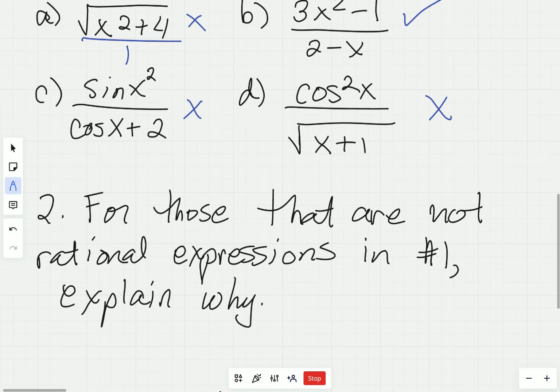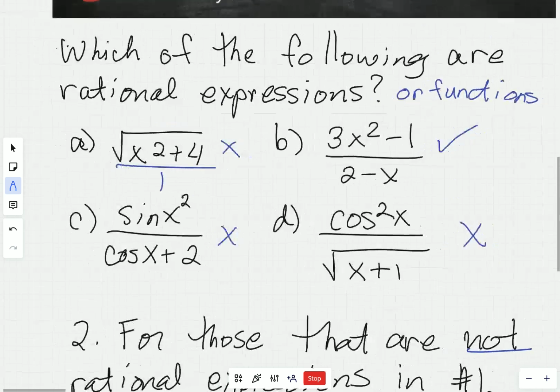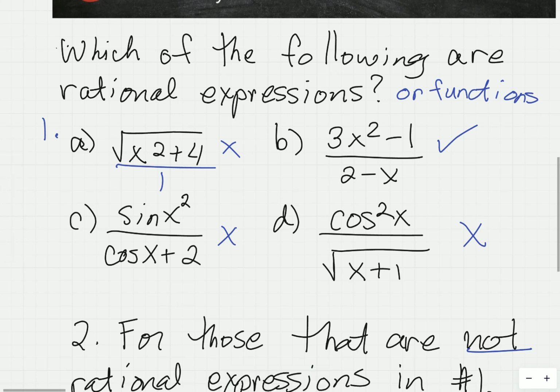Okay, so number 2, for those that are not rational expressions in number 1, explain why. So I think we went through that when we were going through number 1. As mentioned, in order to have a rational expression, first we need a fraction, and that fraction is a fraction of polynomials. So the numerator is a polynomial and the denominator is a polynomial.